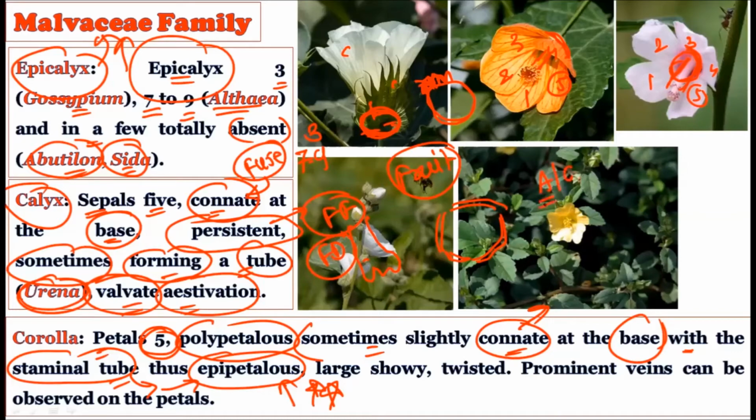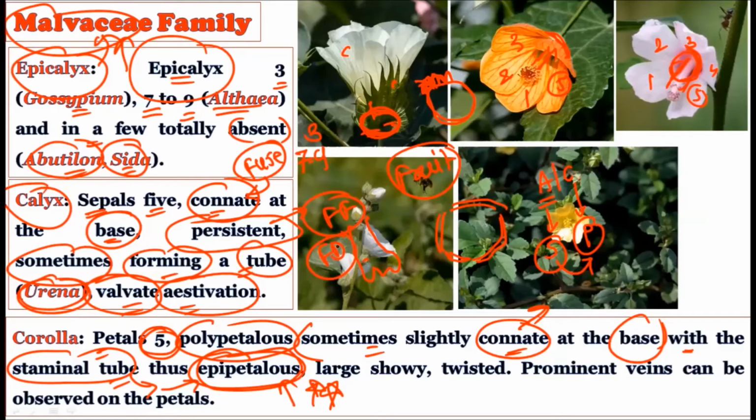The individual members of the androecium are called stamens, and the individual members of the corolla are called petals. So the fusion between the stamens and the petals is there in the Malvaceae family, and hence we use the term epipetalous. The corolla is epipetalous because the stamens are fused with the petals.